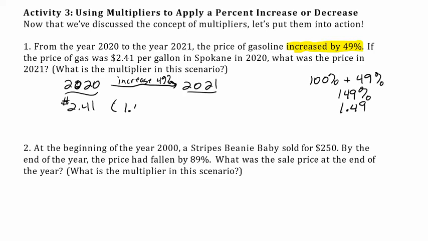So all we have to do is multiply 2.41 times 1.49, and my calculator says 3.5909. Now since this is money, I'm going to round it to the nearest penny. That 0 is not going to round anything up, so it's going to be $3.59. Does that seem reasonable for a 49% increase? I think so.